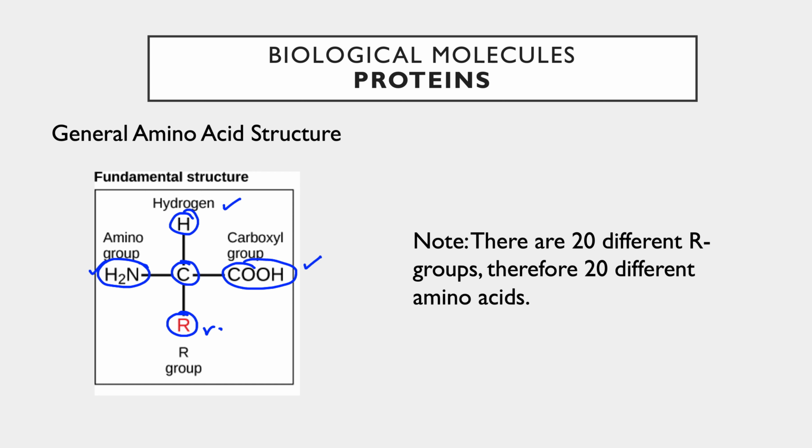So this varies from every amino acid. There is a total of 20 different amino acids, therefore 20 different R groups. Let me go ahead and show you an example of all of these different amino acid R groups.